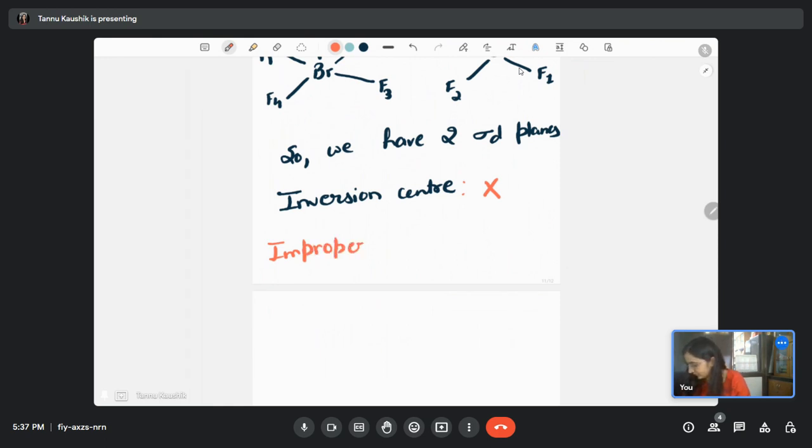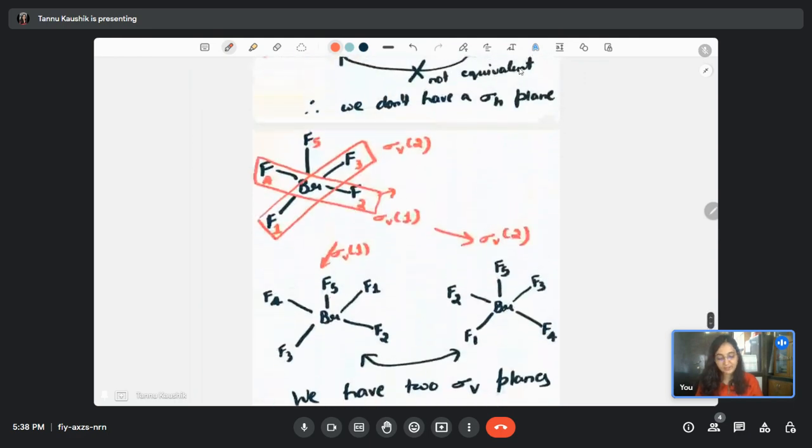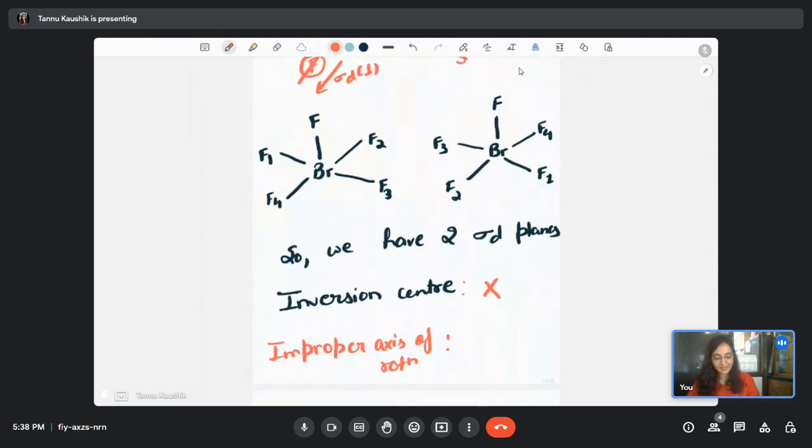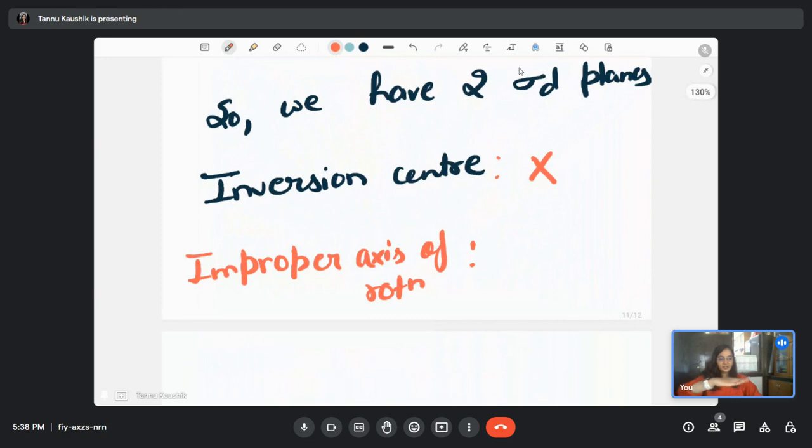Also, improper axis of rotation. So if we apply this C4 axis of rotation, which is our principal axis of rotation, and these fluorine atoms which are present in the plane here, and this fluorine which is above the plane. So I'm considering all the fluorine atoms in the plane of my hand, and this one fluorine above my hand.